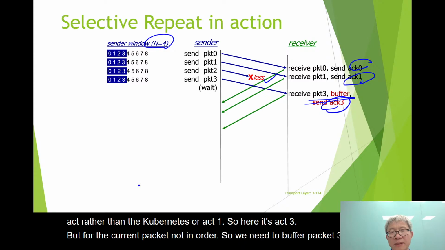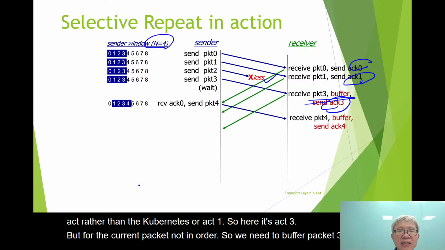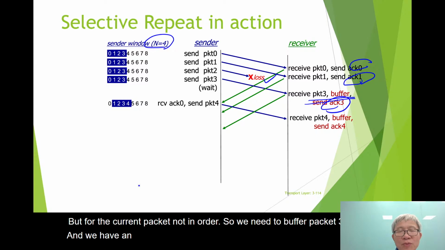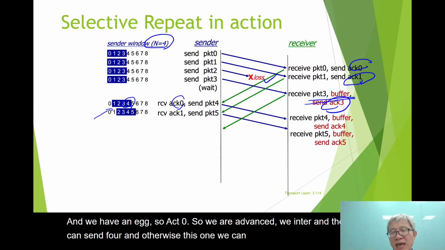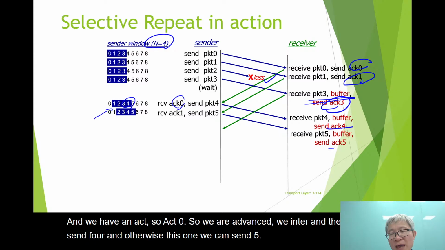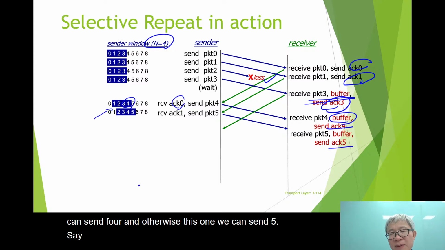And we have ACK 0, so we advance the window, and then we can send 4, and likewise we can send 5. We send 4 and 5, but we need to buffer packet 4 and packet 5.